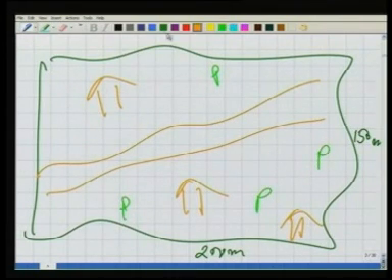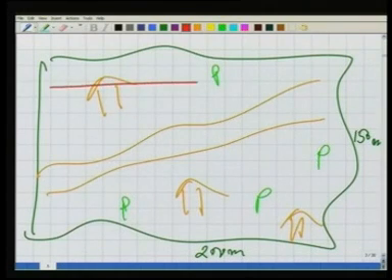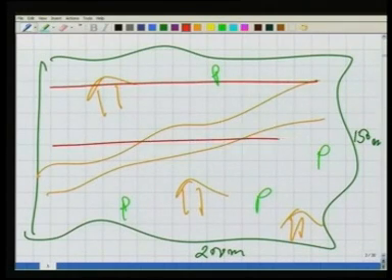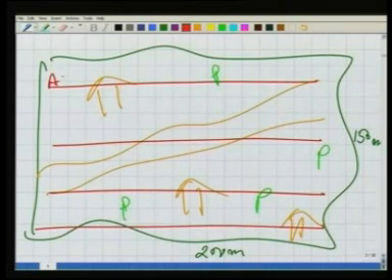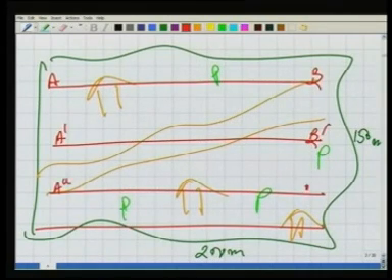I have one chain line here, another chain line here, another here, and one here. They are AB, A dash B dash, A double dash B double dash, and A triple dash B triple dash.